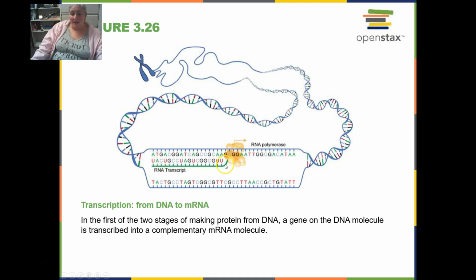RNA polymerase can bind, and RNA polymerase allows the RNA nucleotides to come in and complementary bind to that DNA molecule. Once the RNA polymerase has produced the entire transcript, then the transcript is going to move away and the DNA molecule can be rewound.